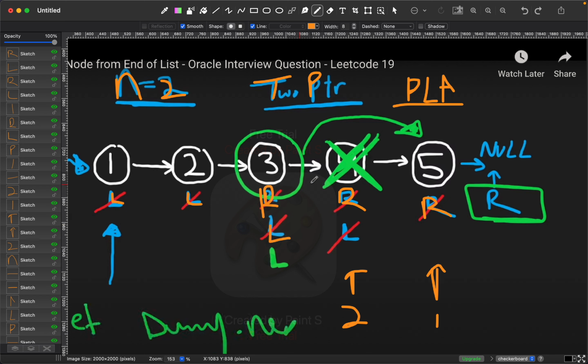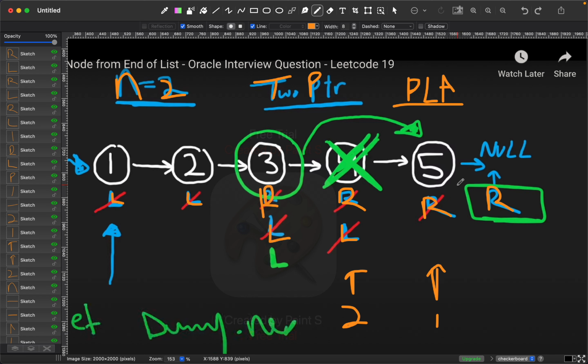So notice they're moving at the same speed. L comes to here, R comes to here. Done. We found this second one, because usually the ending point is after the last node, which is over here, and that kind of indicates that that's the end.